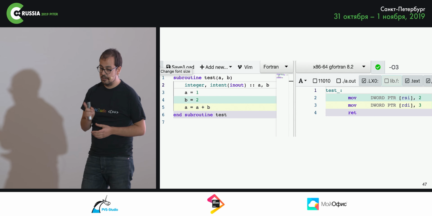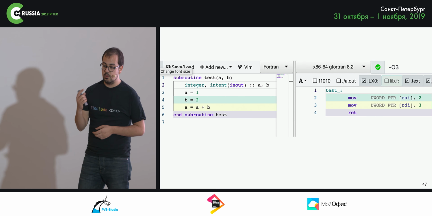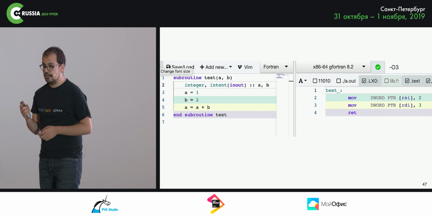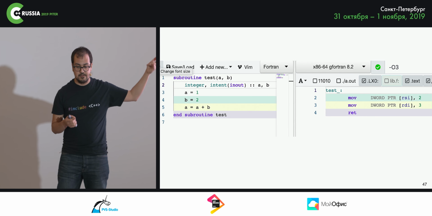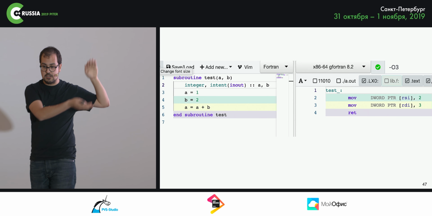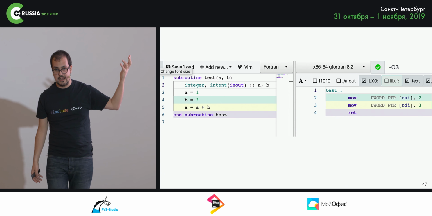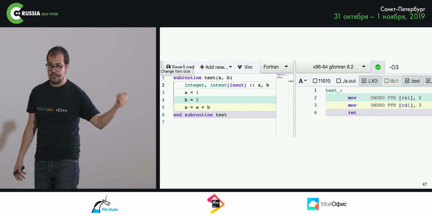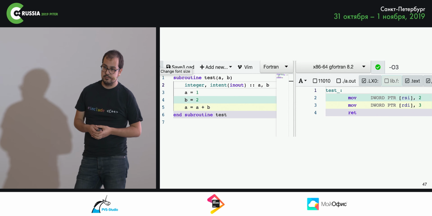The Fortran compiler knows that after B equals 2 has run, A is still 1. And what it then can do is it can reorder the A and B assignments and squash the other two, because it knows that A hasn't changed. And this way it can generate more optimized code, because the aliasing rules are different.